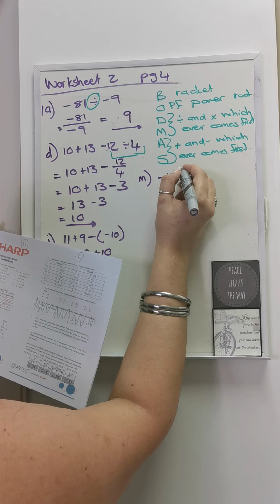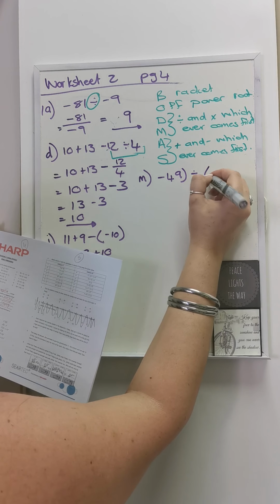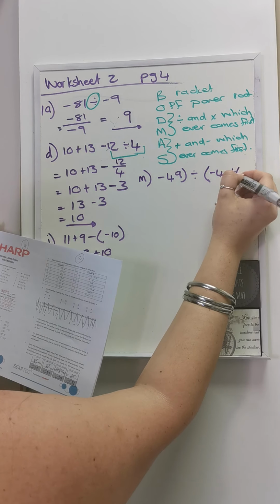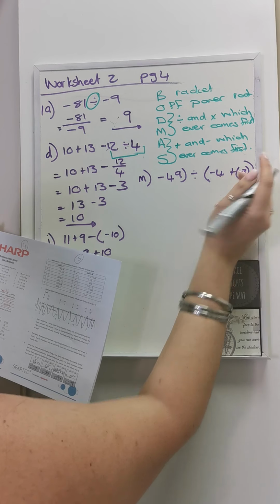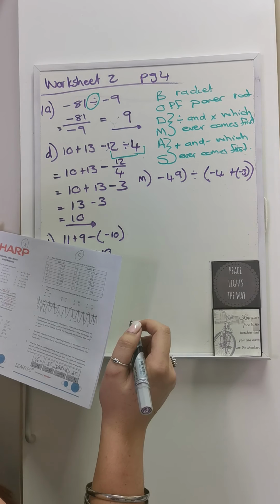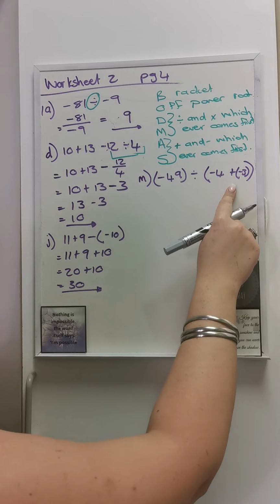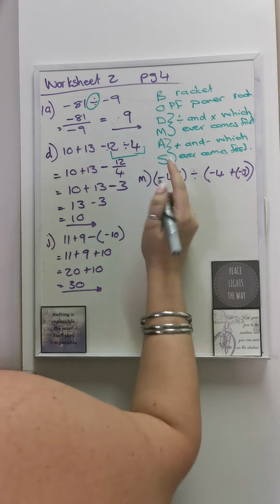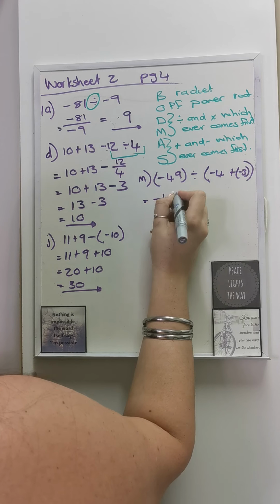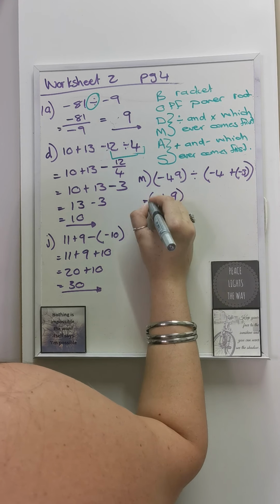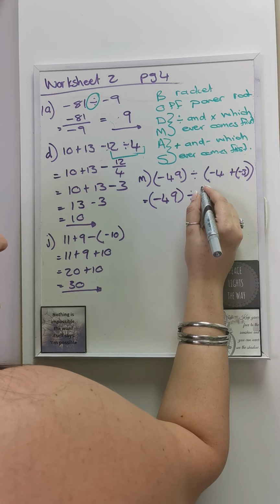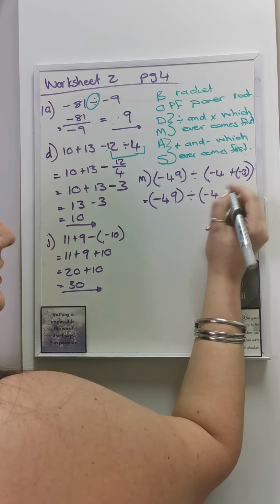negative 49 divided by negative 4 plus negative 3 in a big bracket. Okay, so here I've got something in a big bracket now, so I'm going to have to do that first. So this stays negative 49. You can keep it in a bracket. This stays divide. This stays negative 4.